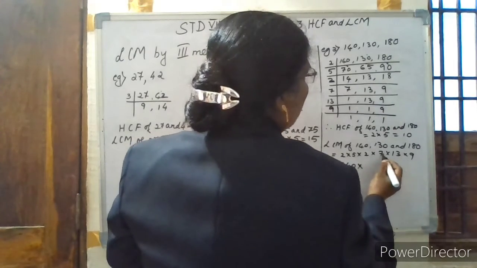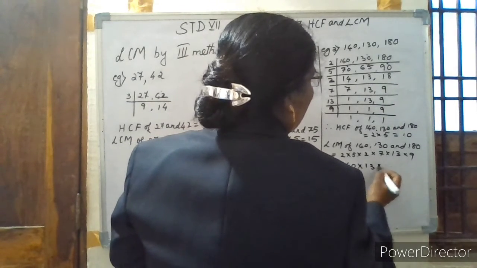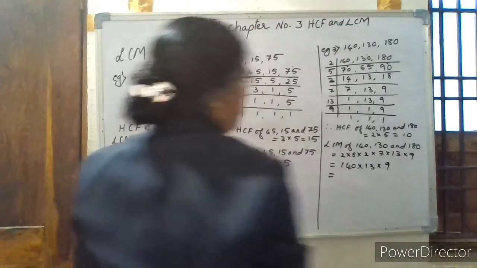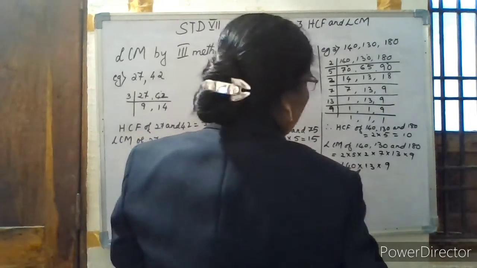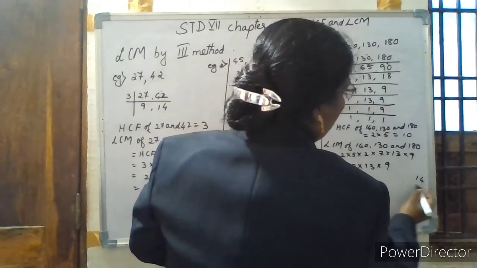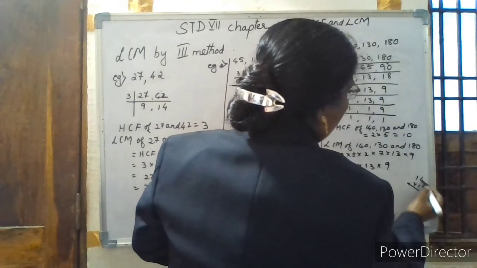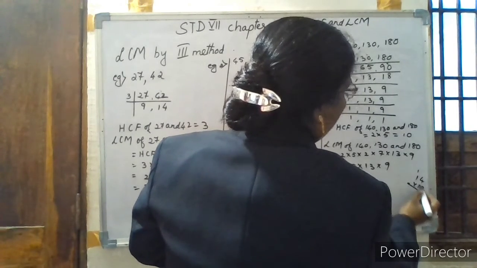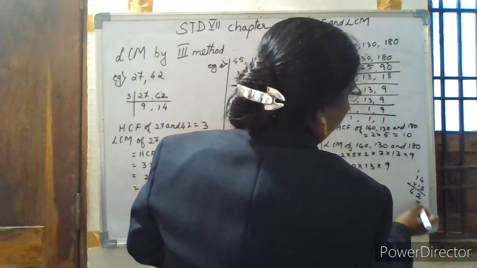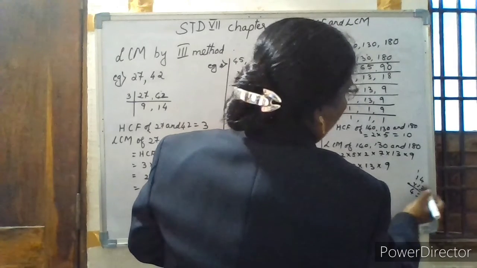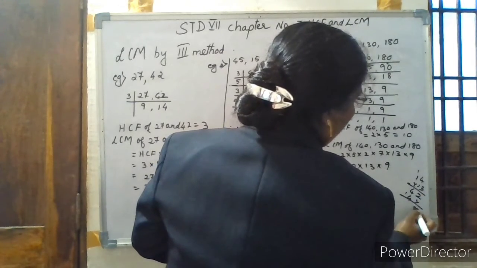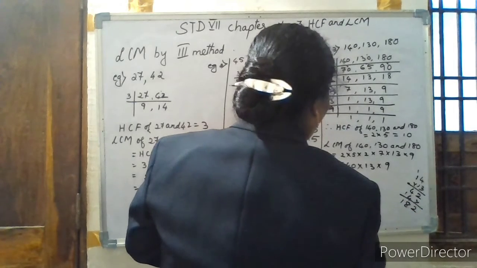Then into 13 into 9. So multiply all this. 14 into 13 will multiply. 3 4s are 12, carry 1, 3 1s are 3, 4, 1 4 and 1 here. So it is 1 8 2.